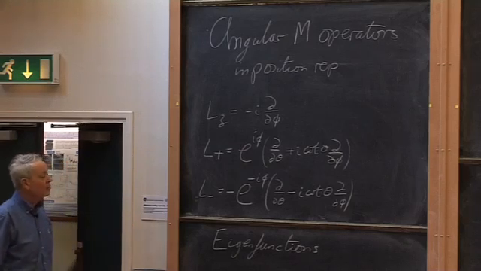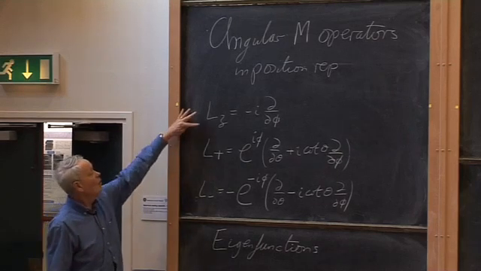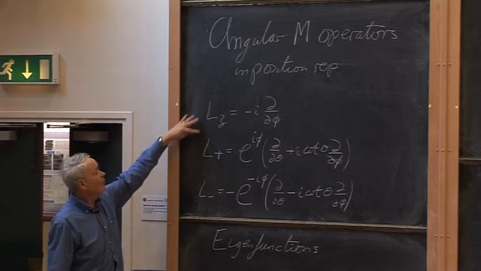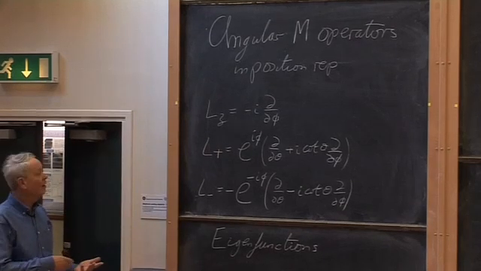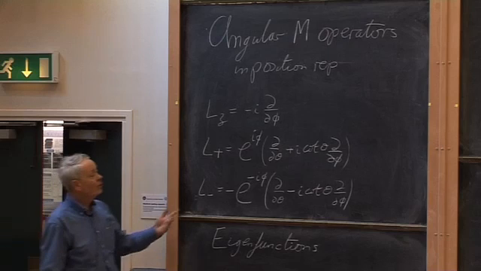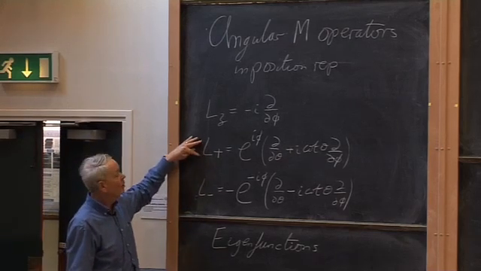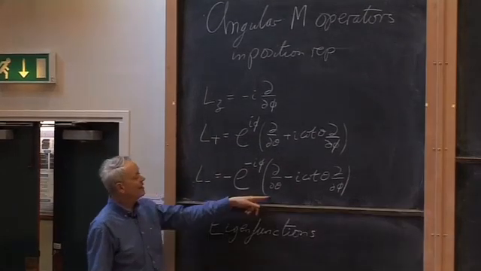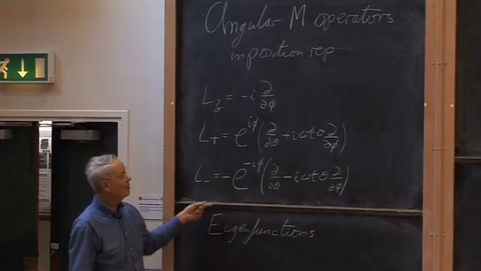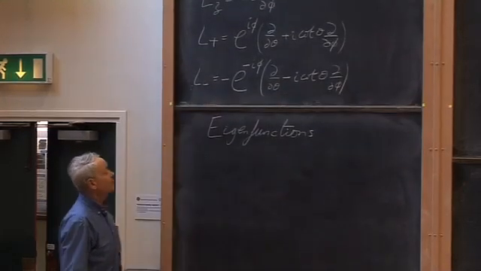And I explained what the strategy was for doing that, and that strategy involved knowing what these operators are as differential operators in the position representation, and some rather tedious chain rule work was required in order to extract this formula here. I finished with a triumphal acquisition of this formula here, and I merely stated that this was what you got if you pursued the line of argument for L minus.